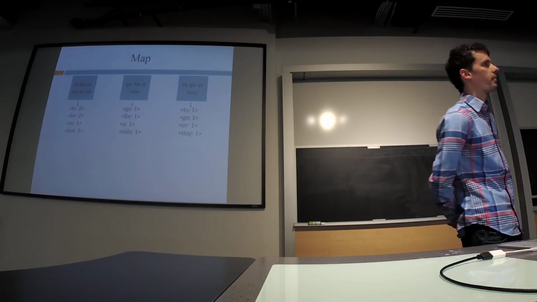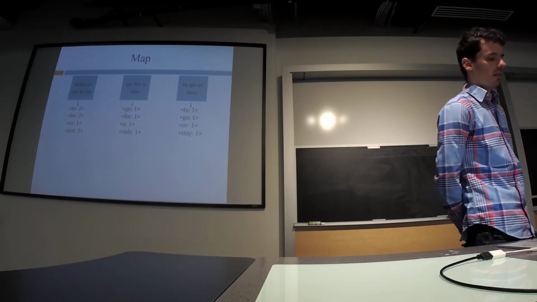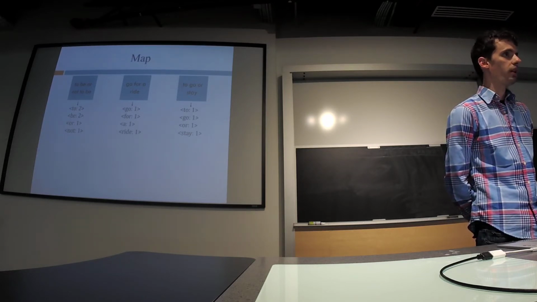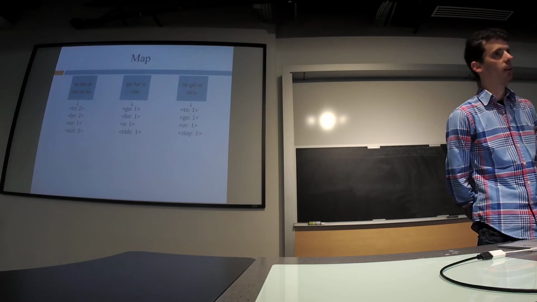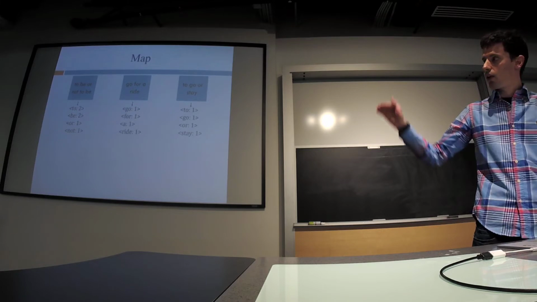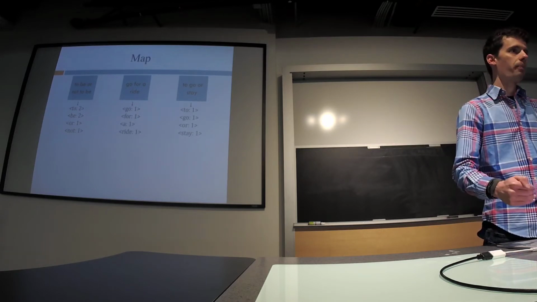So the map phase, for file 1, you'll get the word "to" with a count of 2, the word "be" with a count of 2, and so on. Those counts are the output of map.